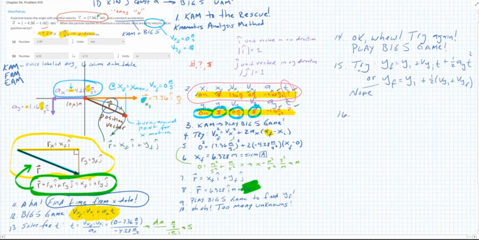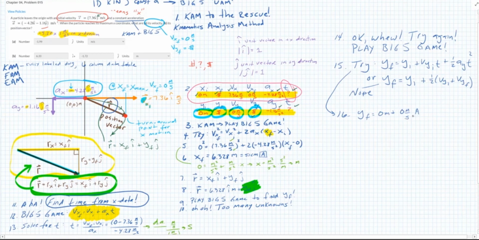Y final equals y initial, which is 0 meters, plus vy initial, which is 0 meters per second, times time, which is sitting there in memory location B, isn't it?